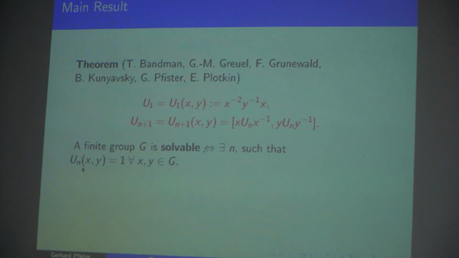We define u1 of x, y as x to the minus 2, y to the minus 1, x. And u(n+1) of x, y is the commutator of x un x to the minus 1 and y un y to the minus 1. And the theorem says a finite group G is solvable if and only if there exists an n such that un of x, y is 1 for all x, y in the group G.